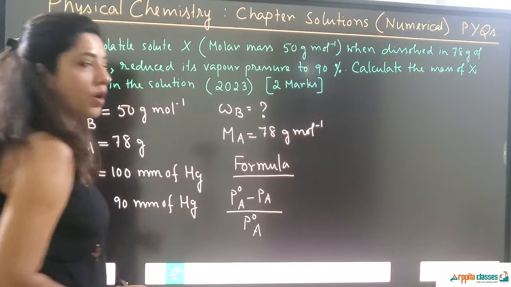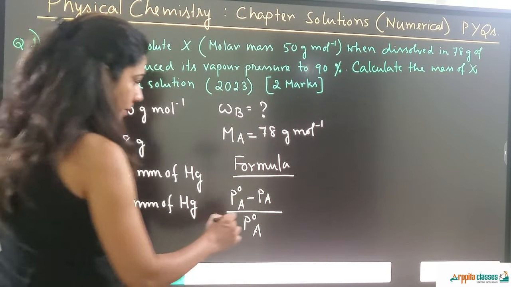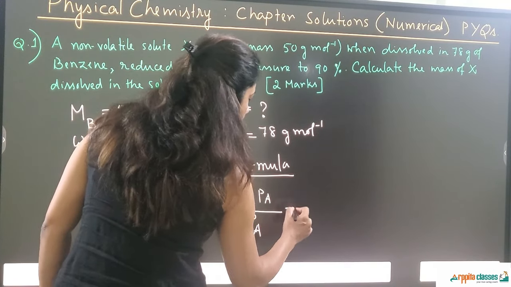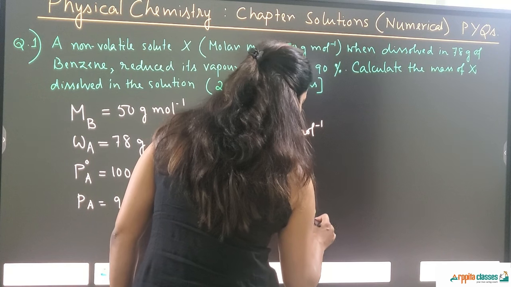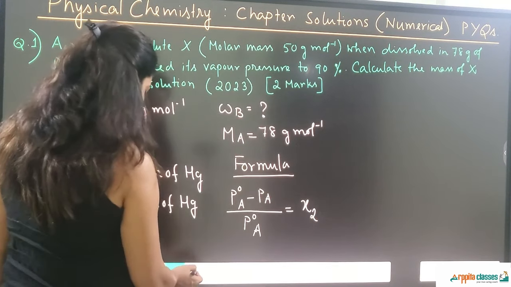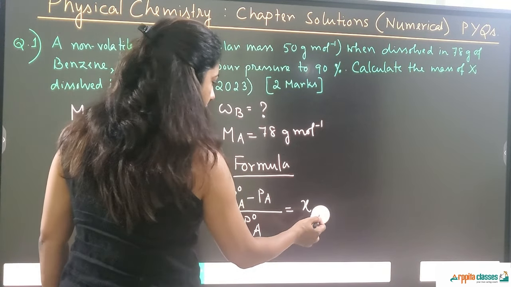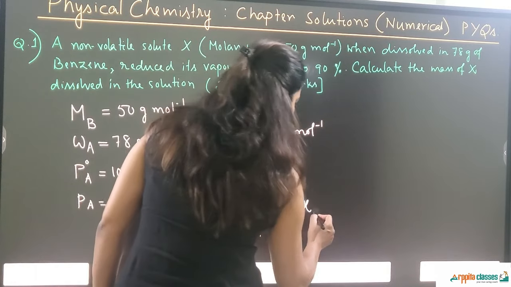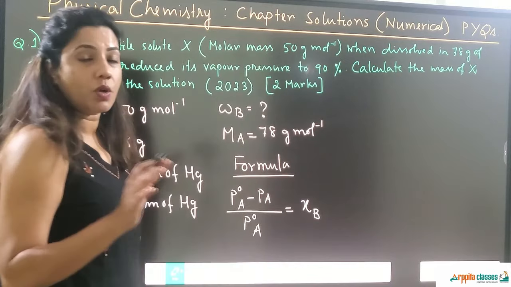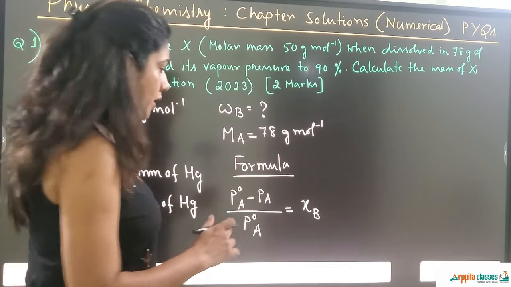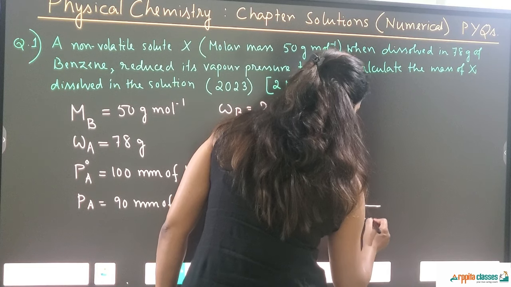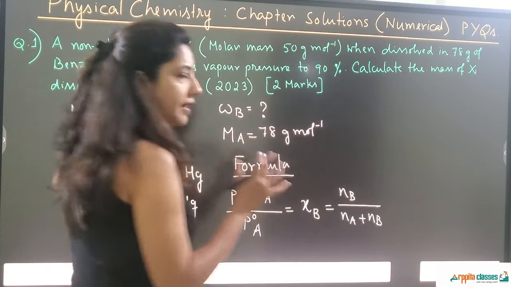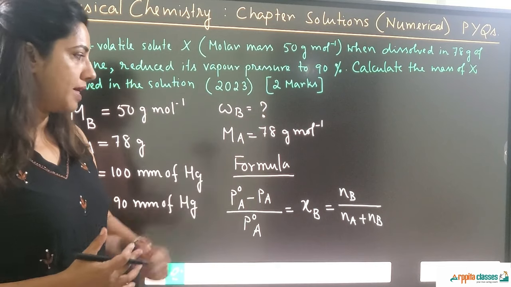This is the relative lowering of vapor pressure, which is equal to X2, or XB since I am denoting by A and B. XB is the mole fraction of the solute. Mole fraction of the solute is nothing but NB divided by NA plus NB. I am writing the entire thing so that you understand how the formula comes.